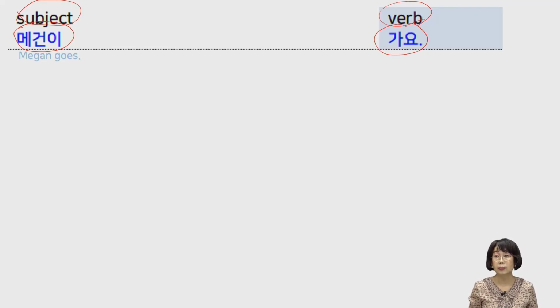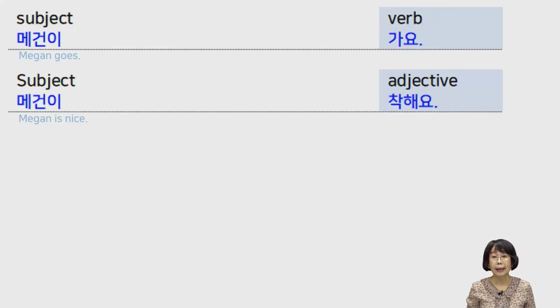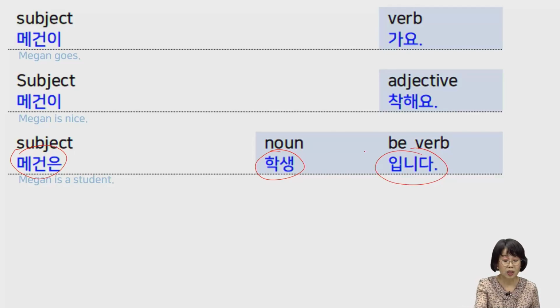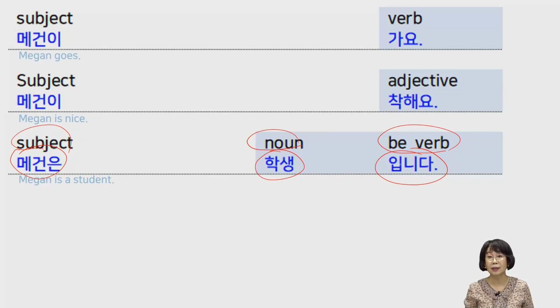Megan goes. 매건이 착해요. 착해요 is an adjective. Megan is nice. Megan은 학생입니다. Subject, noun, be verb. Megan is a student.